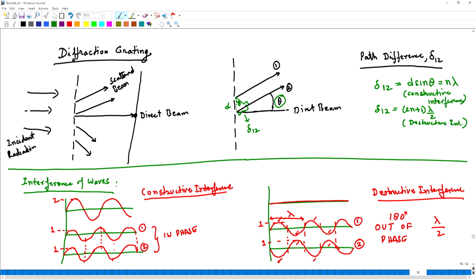Now, there can be a situation where the path difference is in between the two, let us say 90 degrees out of phase or 45 degrees out of phase. Then there is going to be partial constructive, partial destructive interference. Hence, I can now write, basically we have written this out here, that this actually becomes the condition for diffraction.